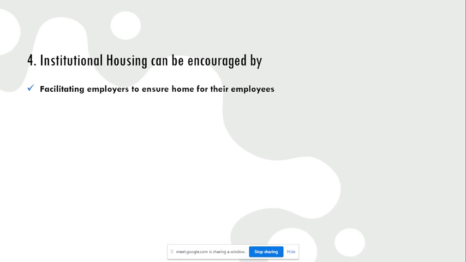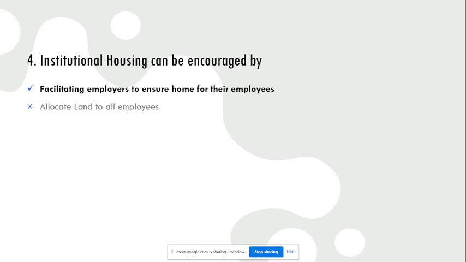If the employers can ensure their employees have housing in the vicinity of their respective campuses, that will save the time for the employees. It will increase the productivity, and it will also reduce the burden on the existing housing stock within the city, existing rental housing stock, existing group housing stock, and even the plotted housing. So it will reduce the burden, and the employees' productivity also increases accordingly.